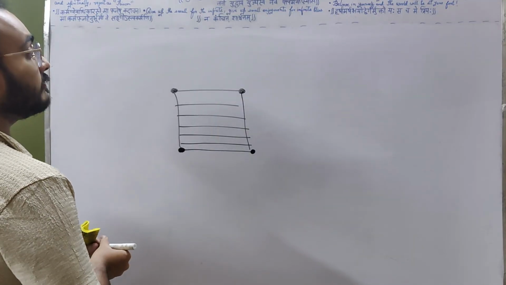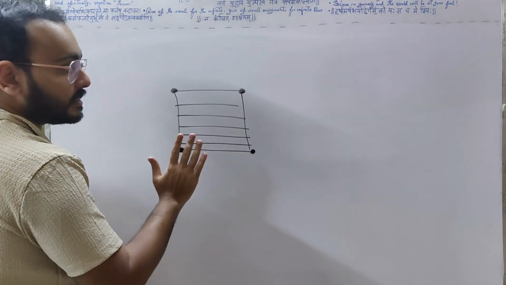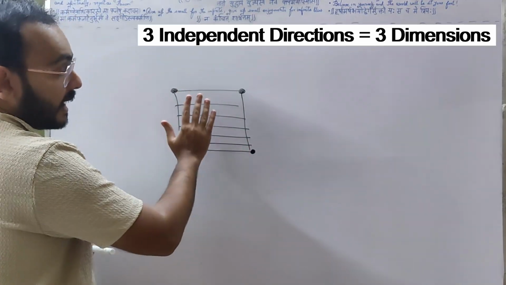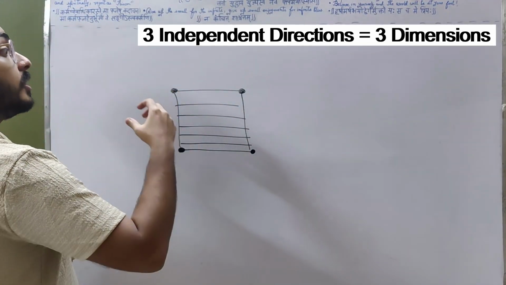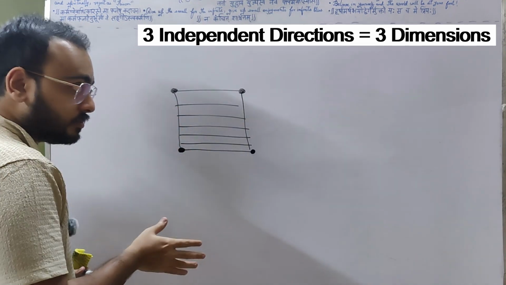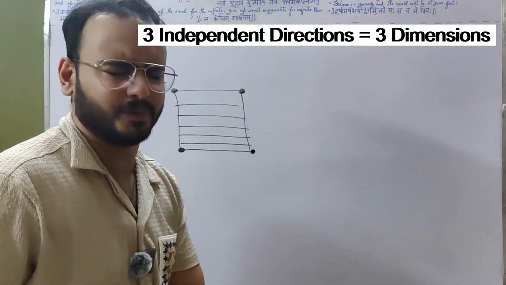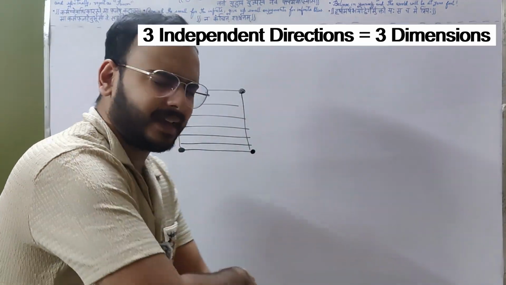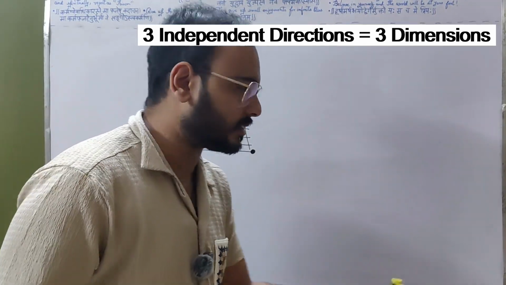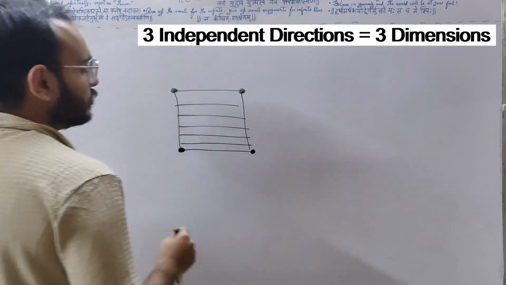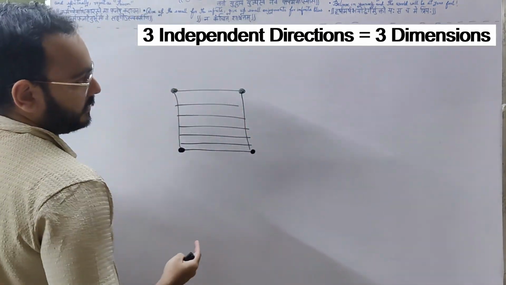Now, if I stack up these 2D planes one above the other in another independent direction, which is different from the previous two, I will get a 3D object, and you can call it a cube or a cuboid, whatever you want, any 3D object.